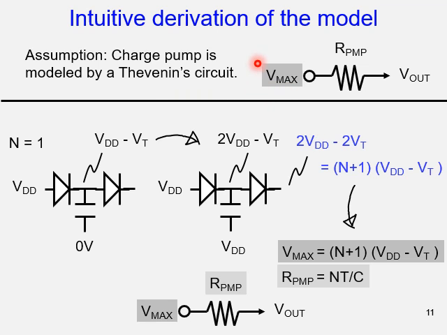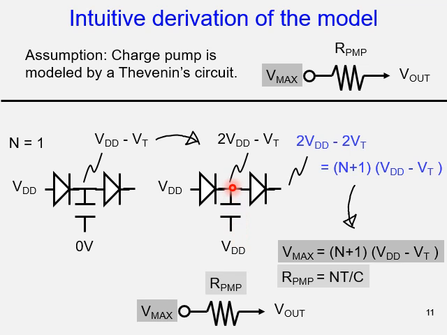Next, let's look at the maximum output voltage, Vmax. And again, let's start with the number of stages of 1. So during the first half period, this node is charged up to VDD minus VT, where VT is the threshold voltage of this diode. Then the next half period, the bottom plate is raised up to VDD.